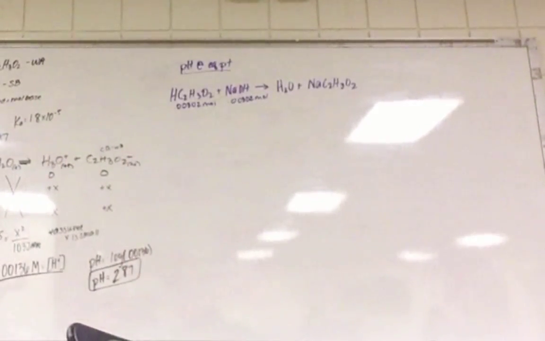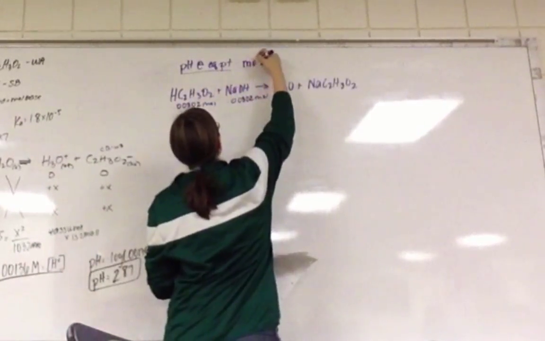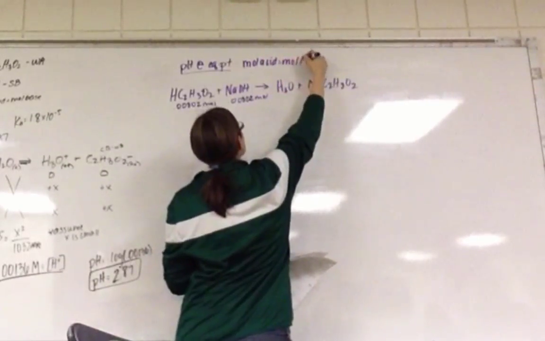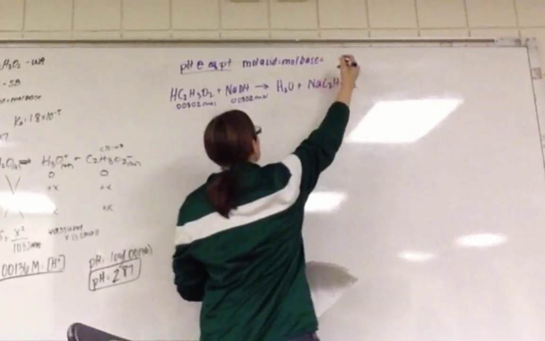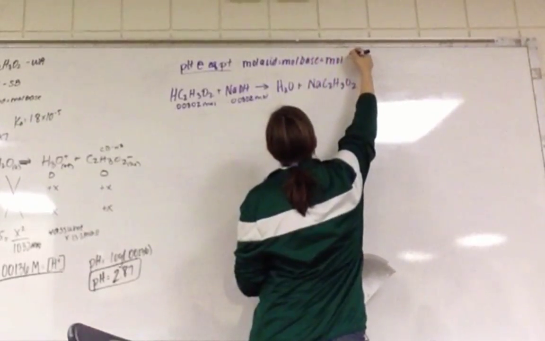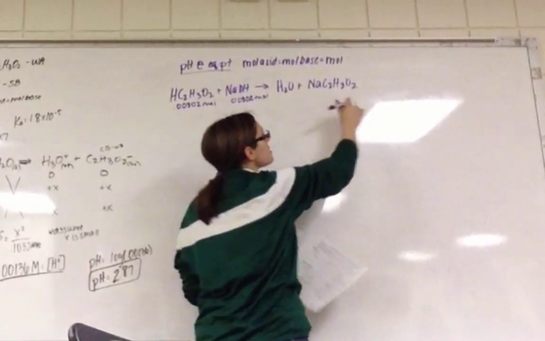Now you don't necessarily have to write this part every time, because here's something that you can remember. At the equivalence point, moles of acid equal moles of base, which equals moles of what else? What else do we have? Salt.